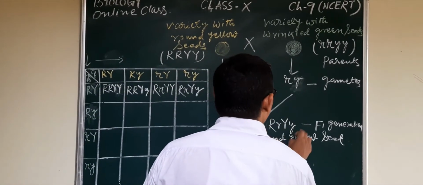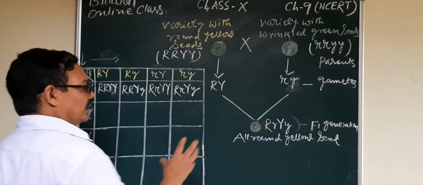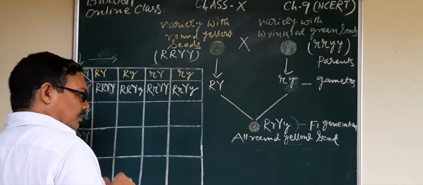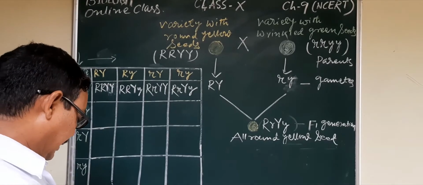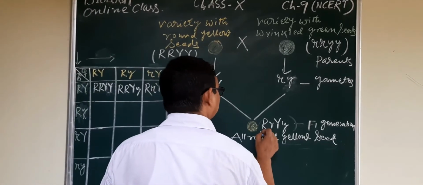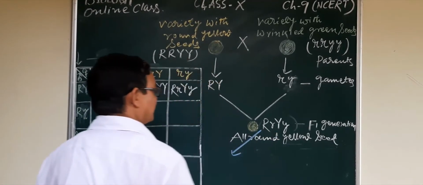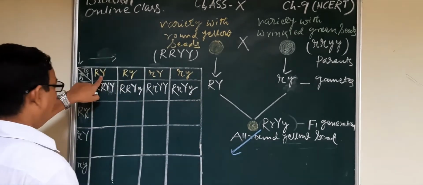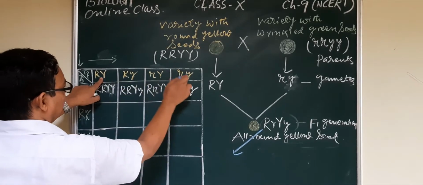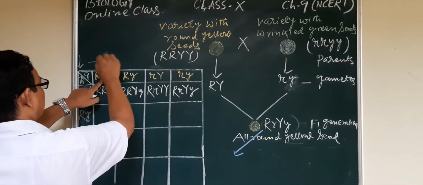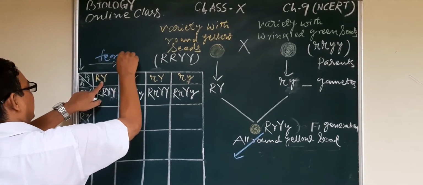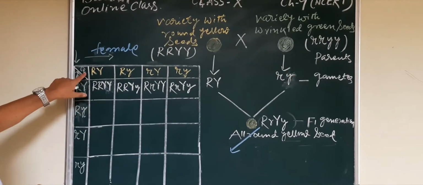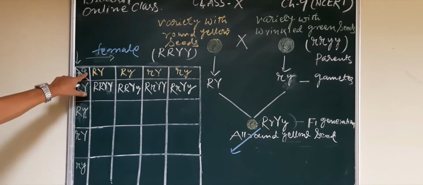Now after getting the F1 generation, where we have got all round yellow seed plants, when we find out the possible male and female gametes, what will happen? We get 4 different types of female gametes. Here are the female gametes and here are the male gametes, with symbols for male and female.